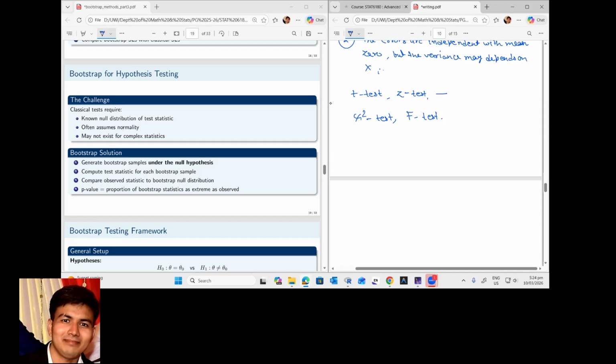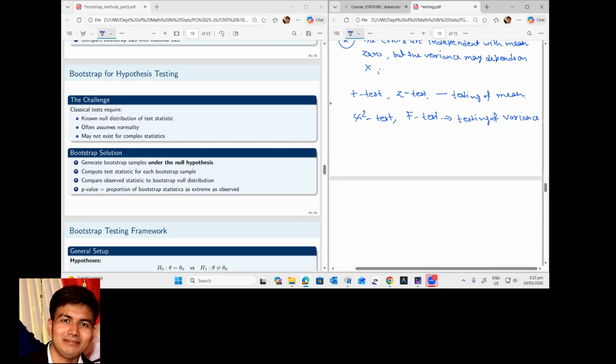Here, the t-test and z-test we use for testing the mean, correct? And the F-test and chi-square we usually use for testing the variance, right?